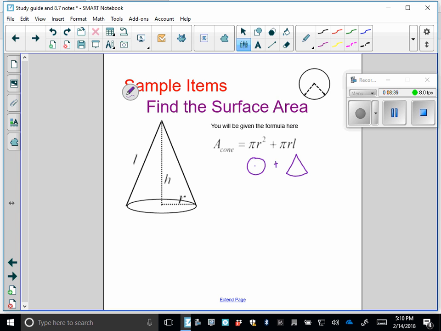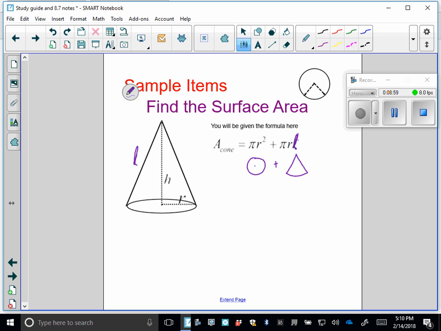Because the sector, when you roll it up, turns into the cone without the base. And L is the slant height here. That's what this is. And really the expectation is that you just apply the formula.